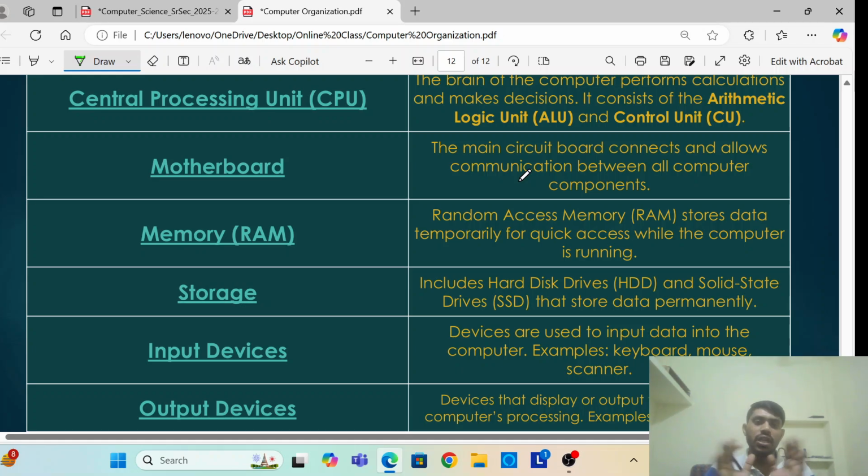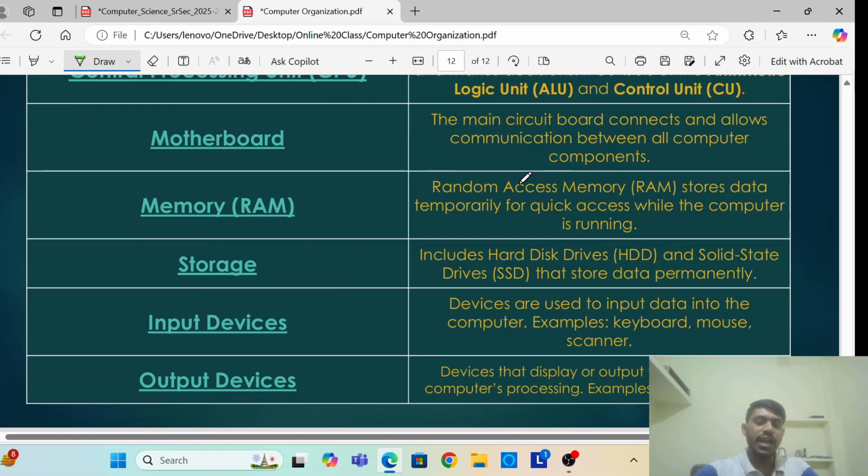RAM, random access memory, is temporary memory that stores data temporarily for quick access while the computer is running. Storage includes hard disk drives and solid state drives for storing data permanently. Input devices like keyboard, mouse, scanner, and joystick are for inputting data into the computer system, and output devices like printer and speaker are for displaying the data.